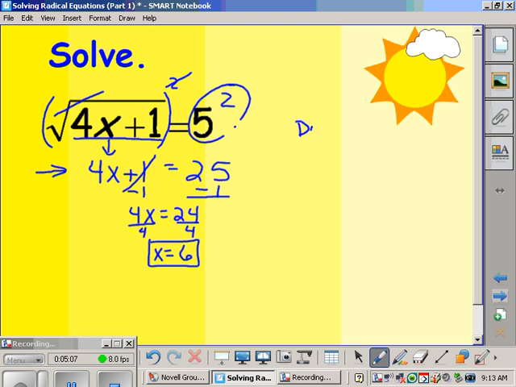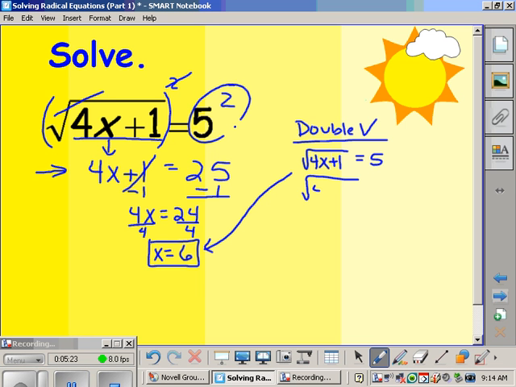Now over to the side here, let's double check. So let's copy down our original radical equation, radical of 4x plus 1 equals 5, and let's prove that our answer truly is 6 by plugging the 6 back in for x.